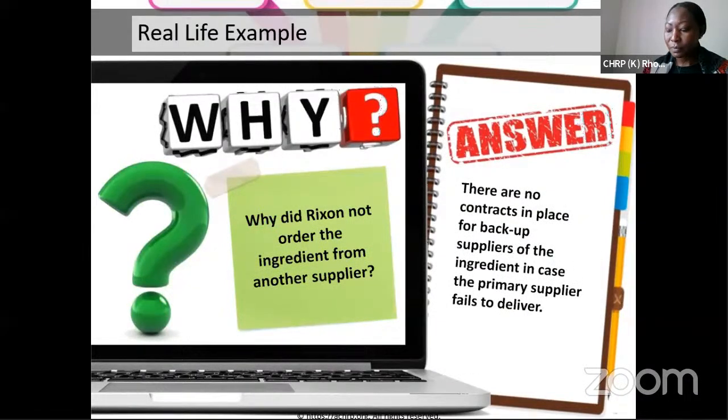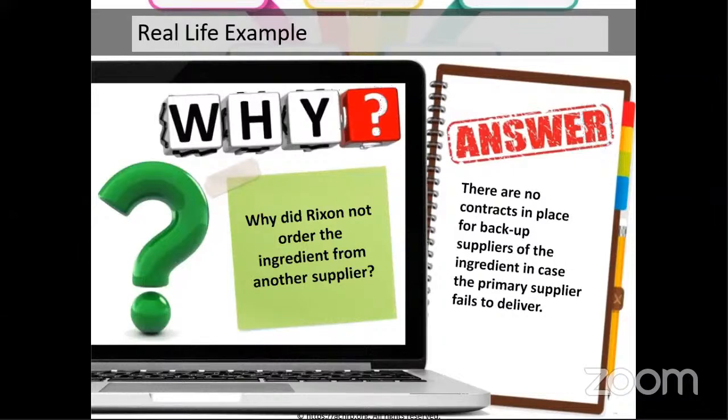The third why being, why did Rickson not order the ingredients from another supplier? The answer is there are no contracts in place for backup suppliers of the ingredients in case the primary supplier fails to deliver.